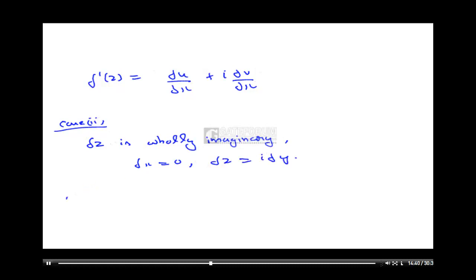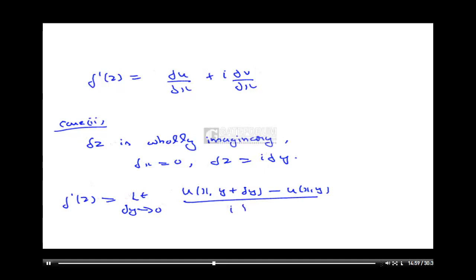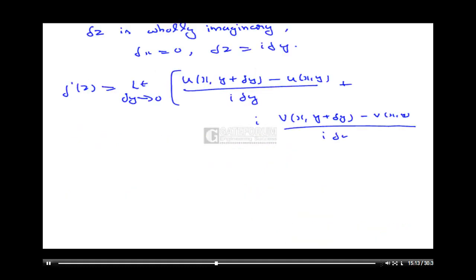So in this case f dash z can be written as limit delta y tends to 0, u of x comma y plus delta y minus u of x comma y, this is related to u function, i delta y, plus i times v of x comma y plus delta y minus v of x comma y upon i delta y.